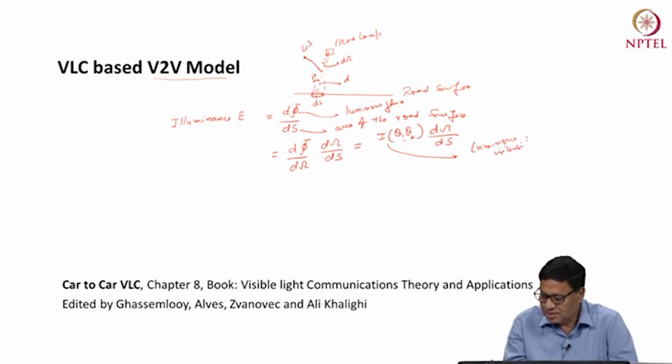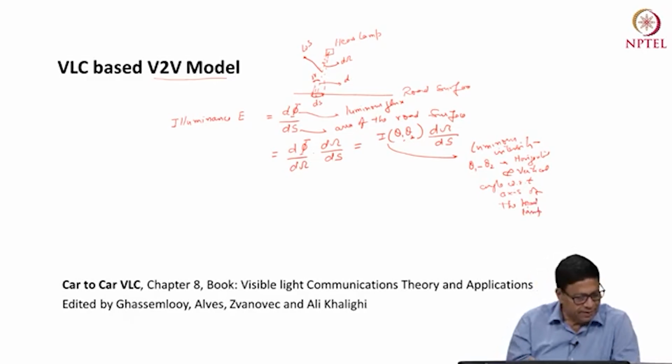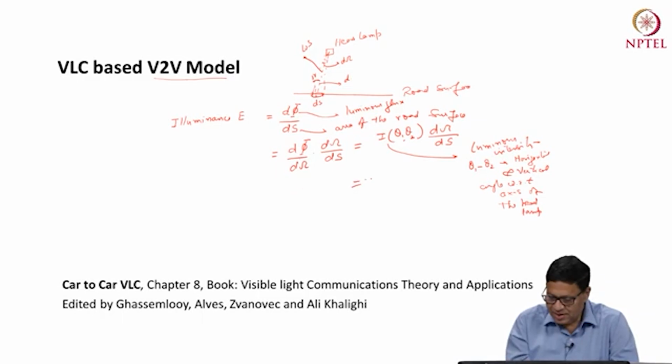And theta 1 theta 2 are the horizontal and vertical angles with respect to the axis of the headlamp. So d omega by ds will become cos gamma over d square.